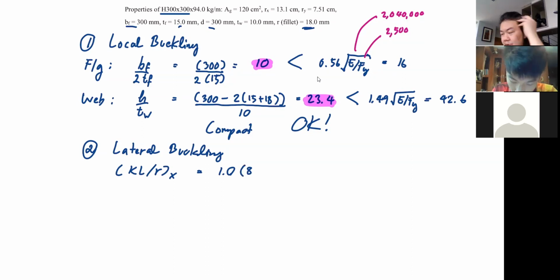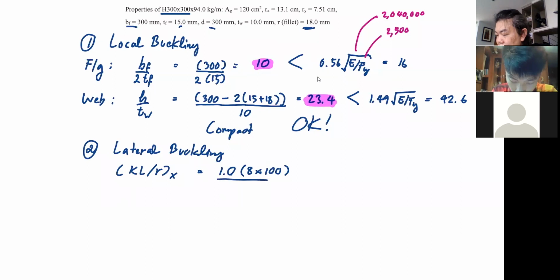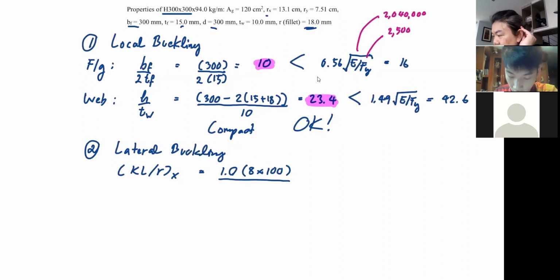But because the radius of gyration is in centimeters, I'm going to change the unit here from 8 meters to centimeters by multiplying it by 100. And Rx, that is the radius of gyration, not the fillet. Be very careful. It's this one, right? Which is 13.1. So now the slenderness ratio is 61.1 in X direction.